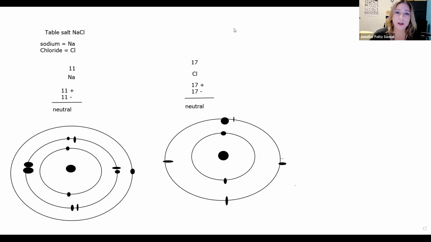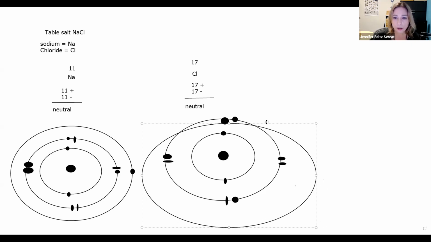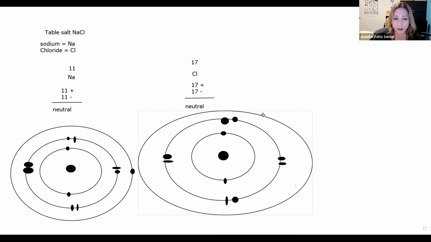Those won't even erase, so I'm just going to draw over them. Okay, so now I have drawn out 10 electrons, but remember chlorine has 17. So now we get to draw another electron shell.